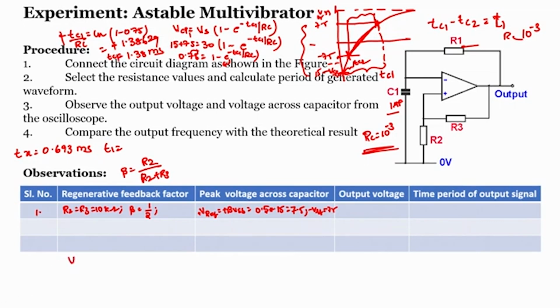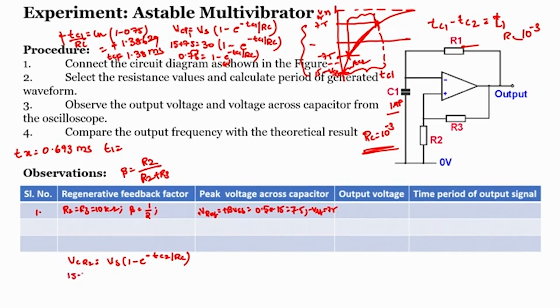So, now VCR2 is nothing but Vs into 1 minus e power minus Tc2 by RC, right. So, VCR2 is how much? Minus 15 to 7.5, what is the difference?